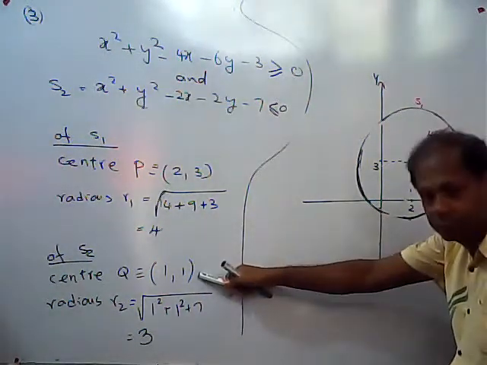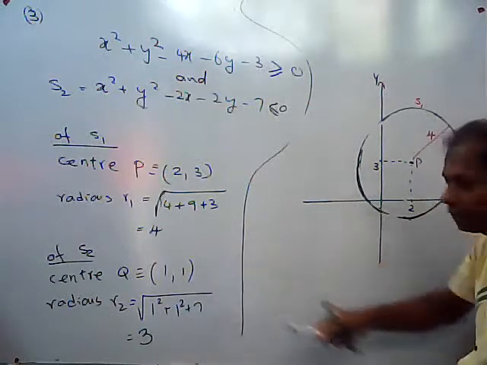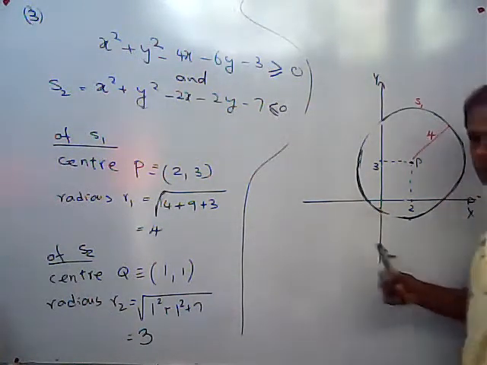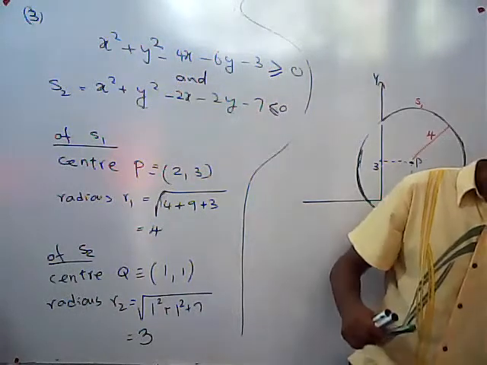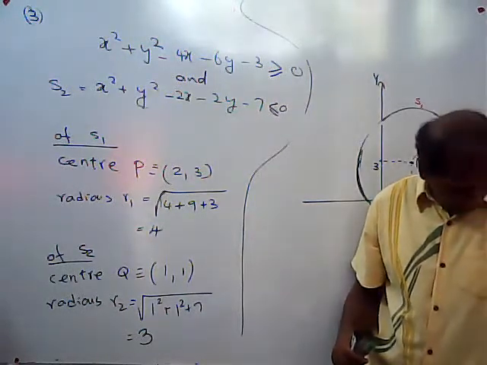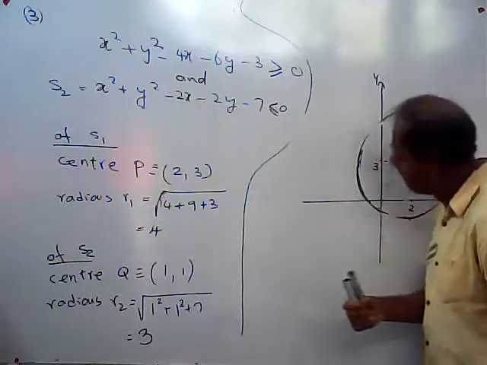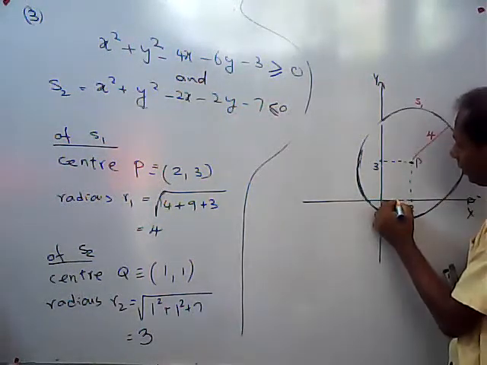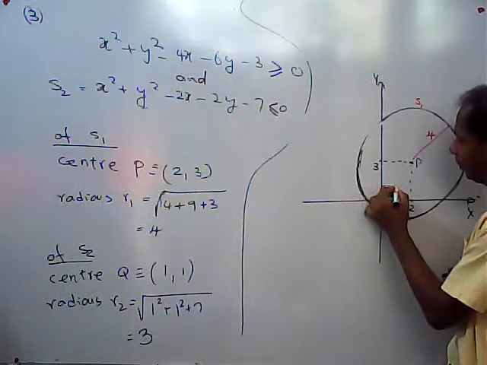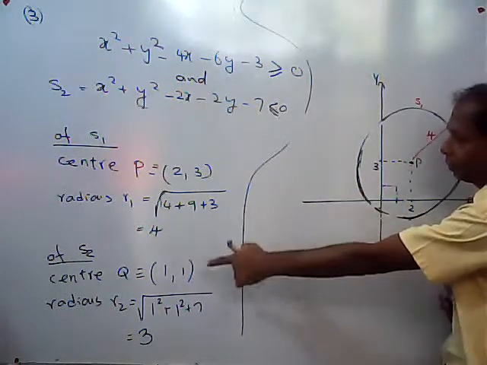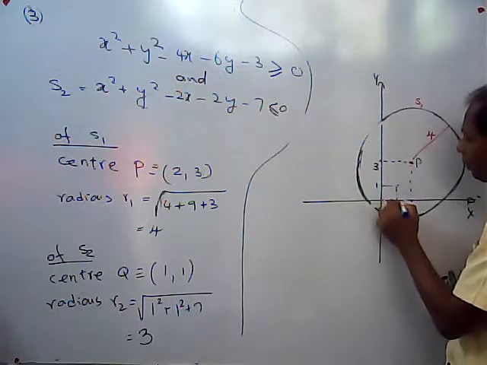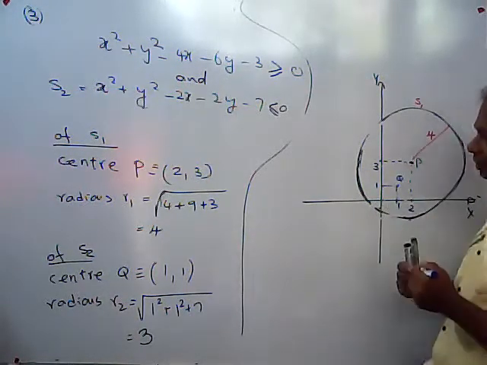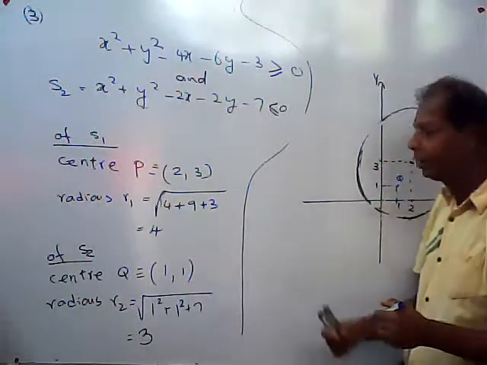Next, we'll go to S2, of which the center is (1, 1). Center Q is (1, 1) and the radius is 3.